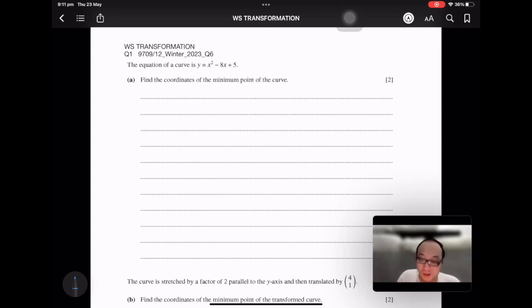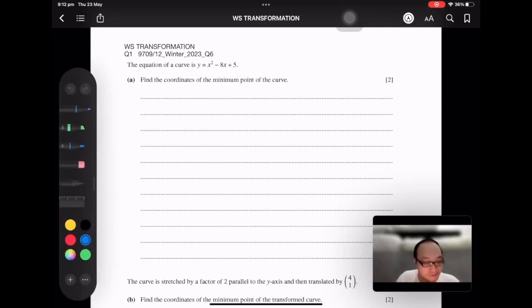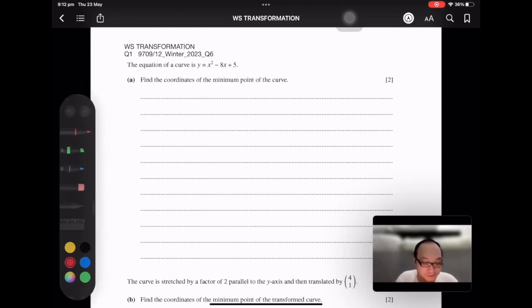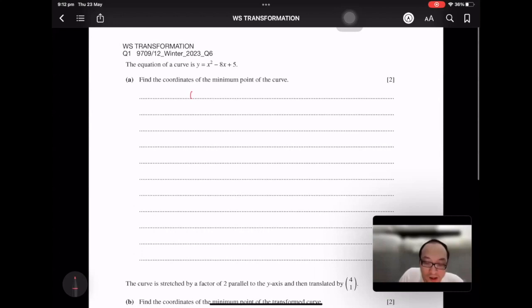So we write x squared minus 8x plus 5 in the form of, we prepare the bracket, the square, and then the negative to do the completing the square of the first two terms.